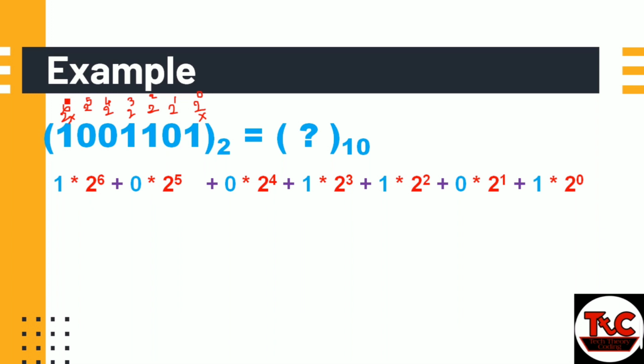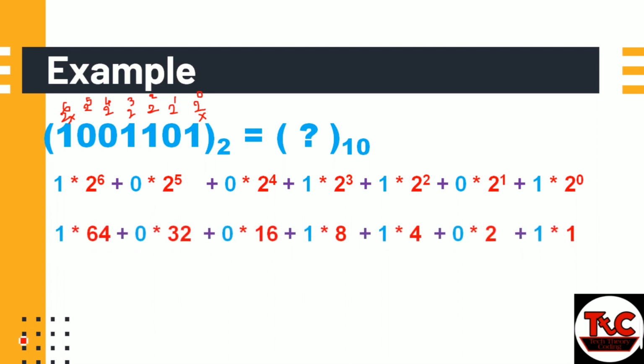Now you can write this in equation form: 1 into 2 to the power 6 plus 0 into 2 to the power 5 plus 0 into 2 to the power 4 plus 1 into 2 to the power 3, then 1 into 2 to the power 2 plus 0 into 2 to the power 1 plus 1 into 2 to the power 0. Now you can simplify this. 2 to the power 6 is 64.